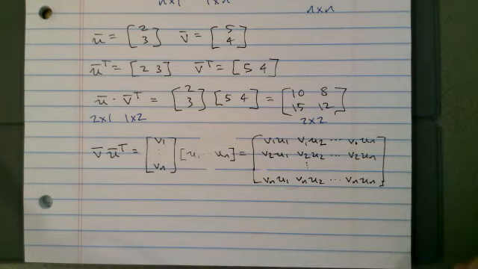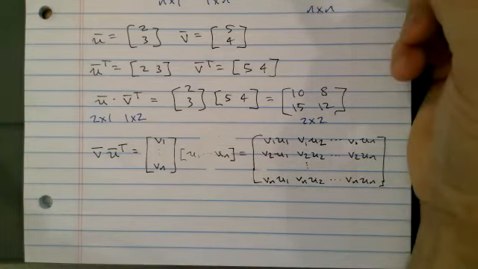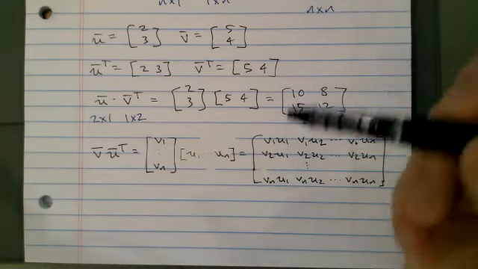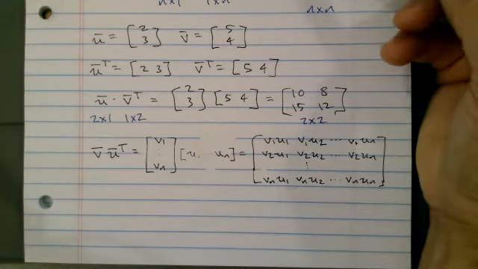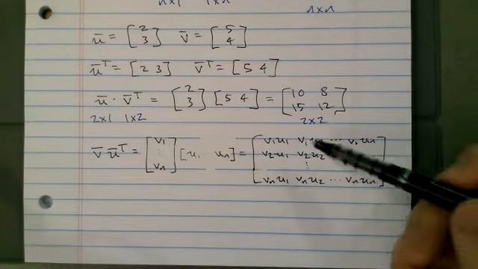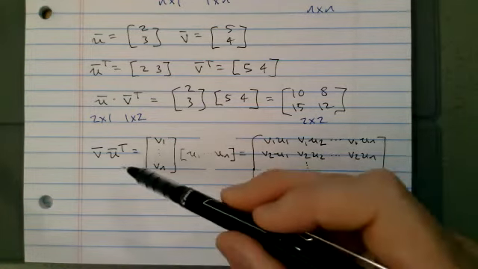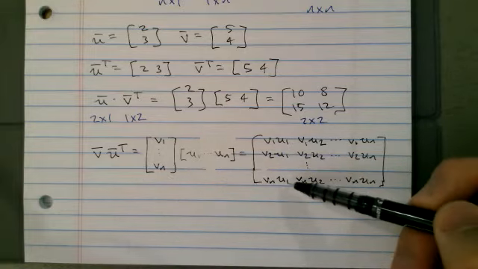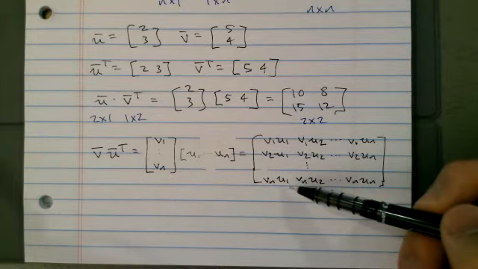So what we see is that U1 V1, then U1 V2 down to U1 Vn, instead of showing up as the first row of V U transpose, is the first column of V U transpose.